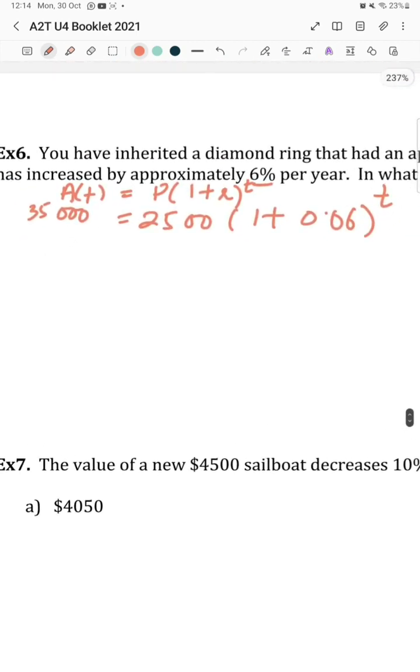So 35,000 divided by 2,500 is 14, and 1 plus 0.06 is 1.06.